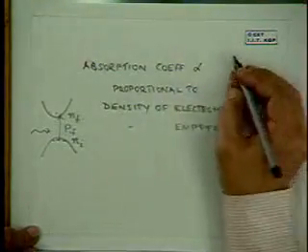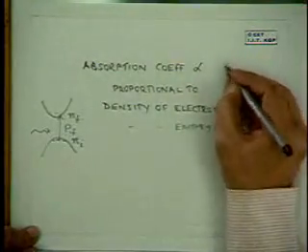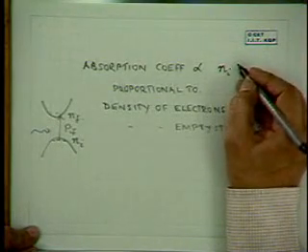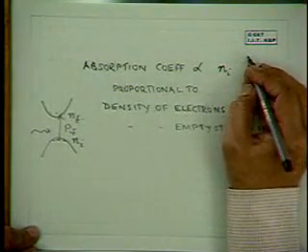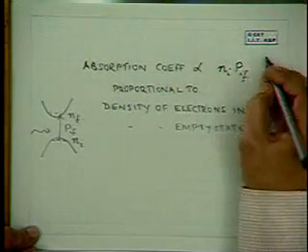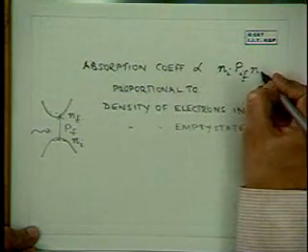So the absorption coefficient is proportional to Ni, transition probability Pif, into Nf.